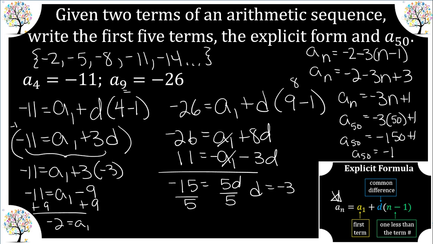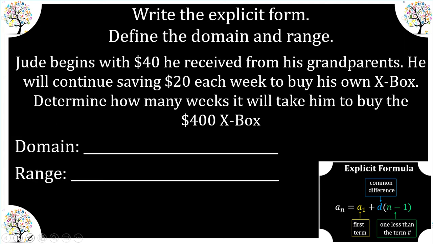And we get negative 149. So we could write that as (50, negative 149). So that is applying the elimination method to arithmetic sequences.